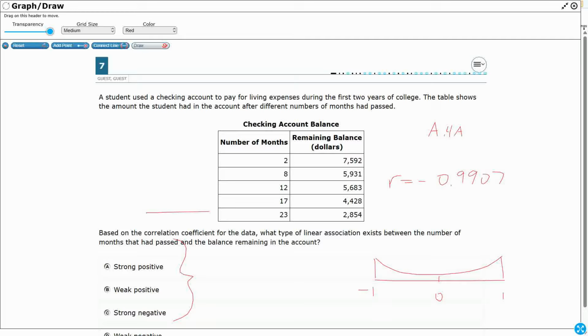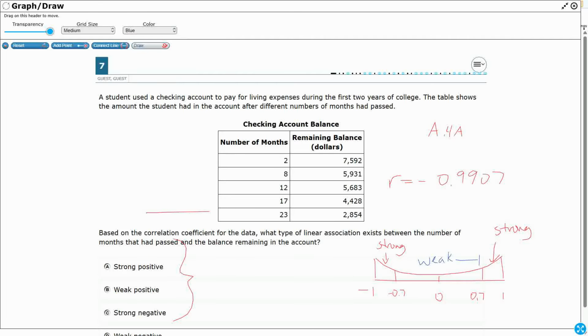Okay, and if you get above 0.7, this is going to be strong, and negative 0.7, this is also going to be strong. Anything in the middle between negative 0.7 and positive 0.7, this is going to be weak. And this is measuring the strength of the association.